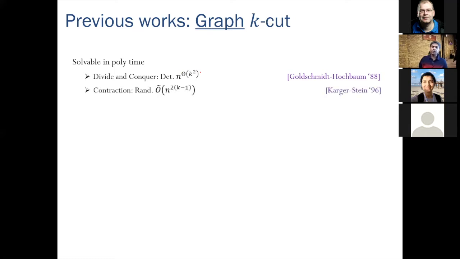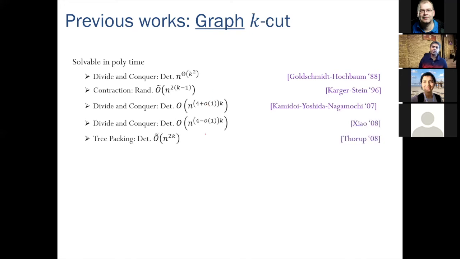After this, Karger and Stein gave a randomized contraction-based algorithm that runs in time n raised to 2 times k minus 1 times polylog n. As you can see, there is a difference between the deterministic and randomized runtime. In a series of works, the deterministic runtime was improved to almost match the randomized runtime.